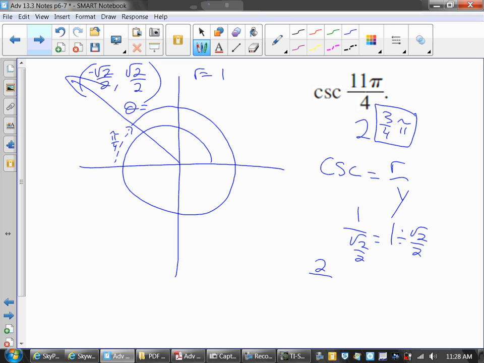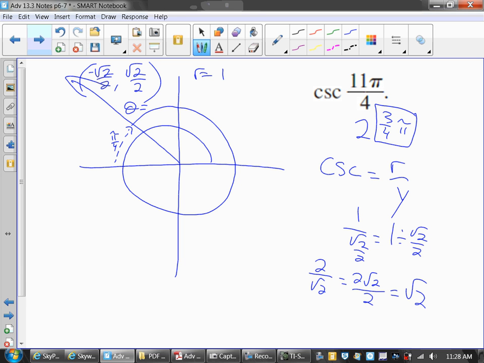So that's 2 over root 2, which is 2 root 2 over 2, which is root 2. It's a lot of flipping around of fractions. Or just remember, cosecant is the inverse of sine. Here's your sine value, root 2 over 2. Flip it, rationalize. And there's your answer.